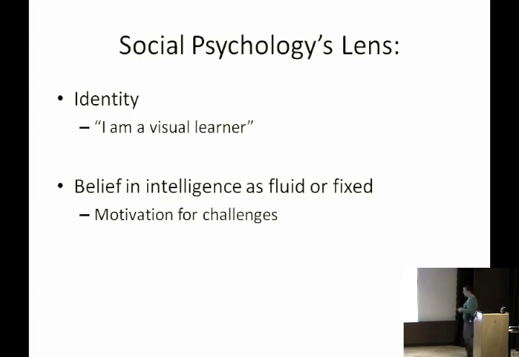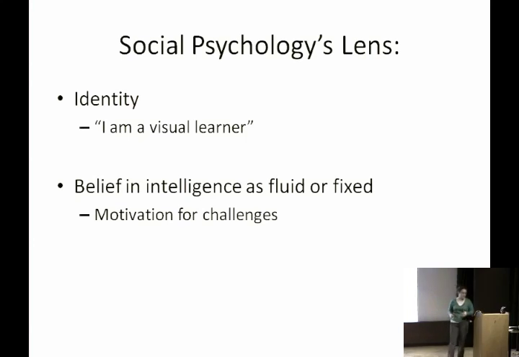So if we have students believing that they are a particular kind of learner and they learn best in that format and they cannot learn as well in a different format, it sort of parallels this kind of belief in intelligence as being fixed or fluid. So that belief is going to affect their motivation.